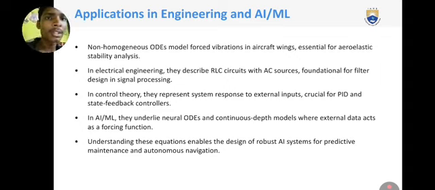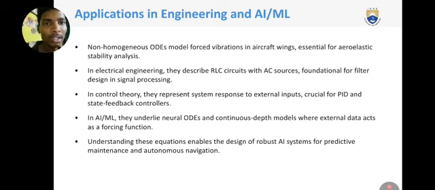Applications in engineering and AIML. Non-homogeneous ODEs model forced vibration in aircraft wings, essential for aeroelastic stability analysis. In electrical engineering, they describe RLC circuits with an AC source, fundamental for filter design in signal processing. In control theory, they represent system response to external inputs, crucial for PID and state feedback controllers.